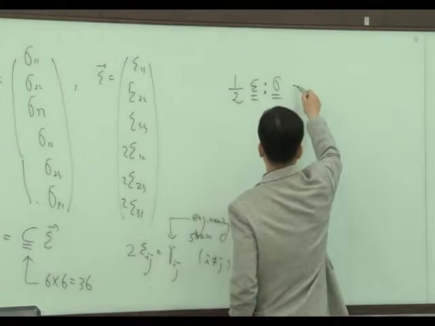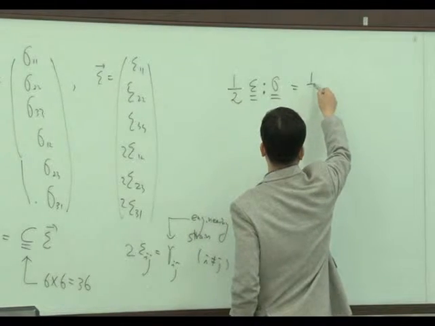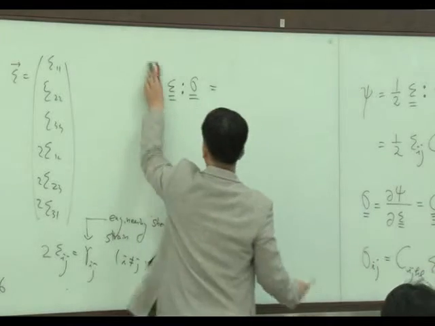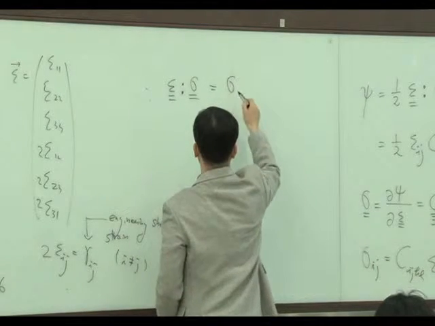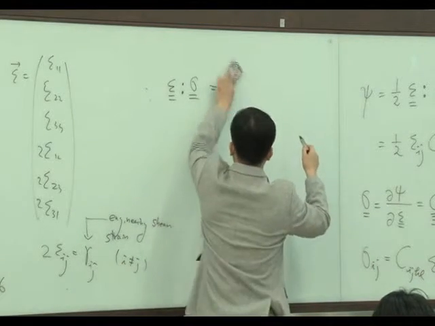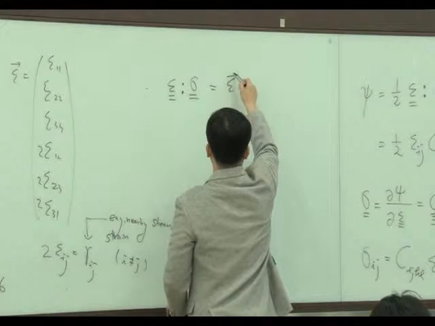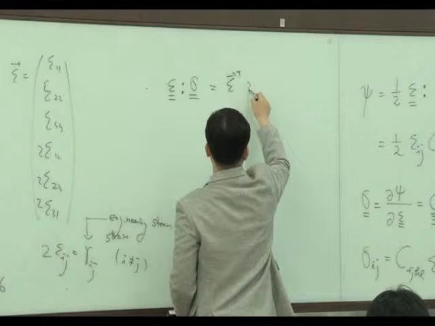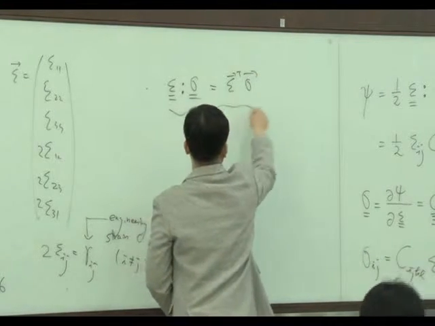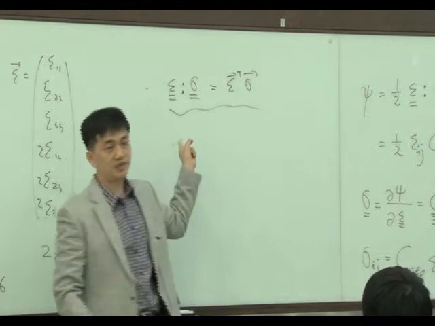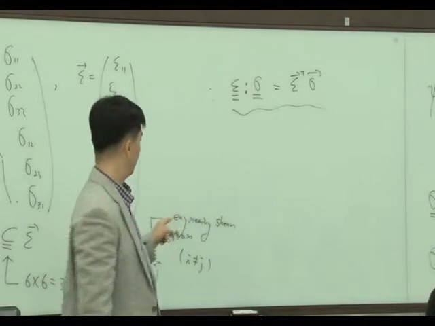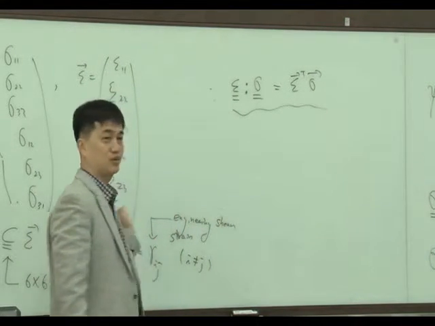And this becomes 1 over 2. So actually we don't need 1 over 2; it's the same. Strain transpose stress. To make the left hand side and right hand side the same, we need to multiply 2.